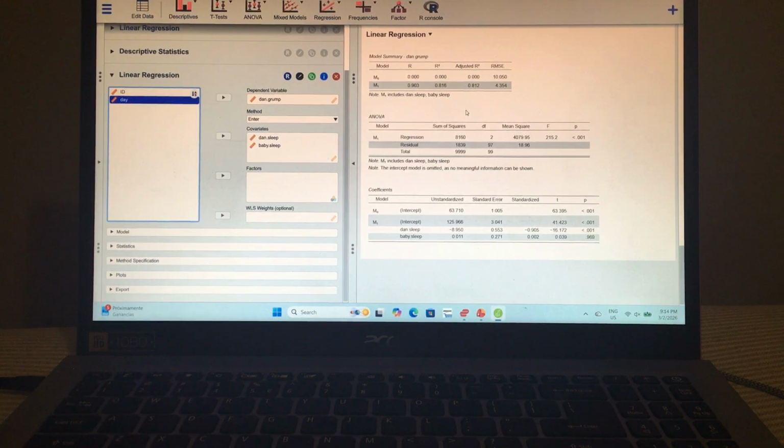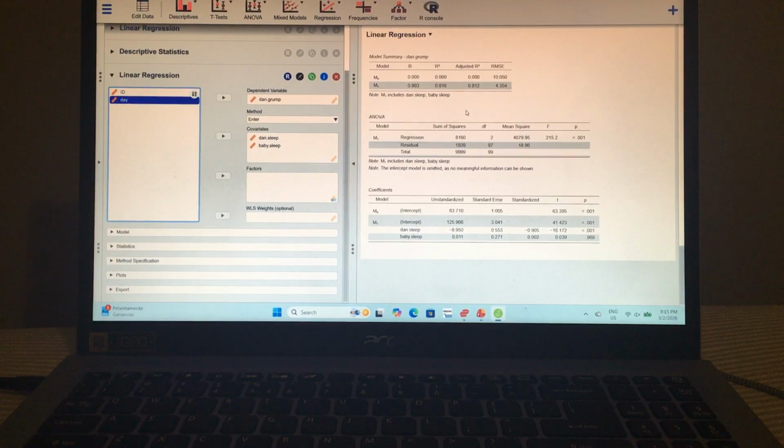So to further investigate the statistical significance of each of the independent variables, we're going to look at the t-tests and their respective p-values. Those are the last columns in the table. So for Danny's sleep, the p-value is 0.001, which tells us that this slope is significantly different from 0.